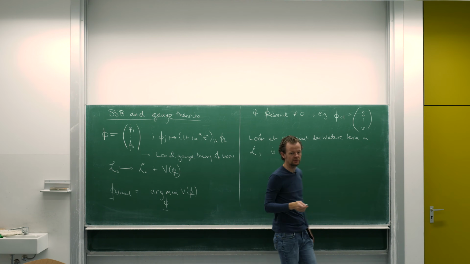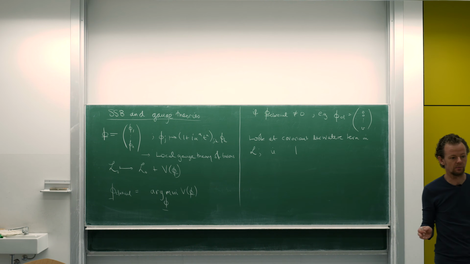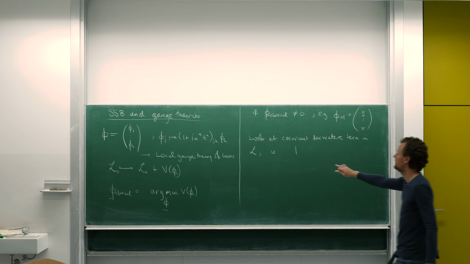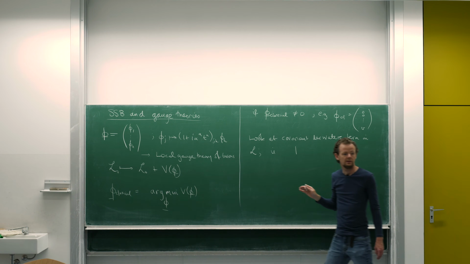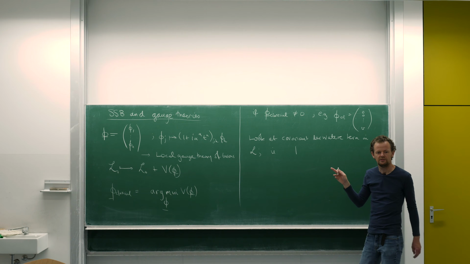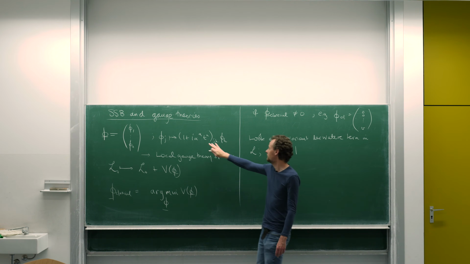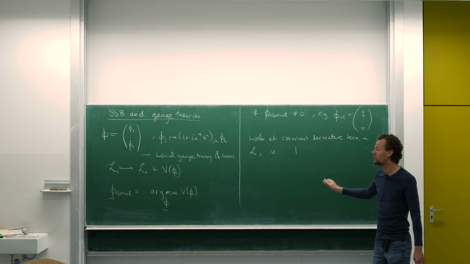Now, in the previous lecture, the assumption was that this representation here is pure imaginary, that these matrices here had only imaginary components. And that's what led to the sign problems that we encountered at the end of the previous lecture. If you restrict to pure imaginary representations, then those sign problems don't occur.